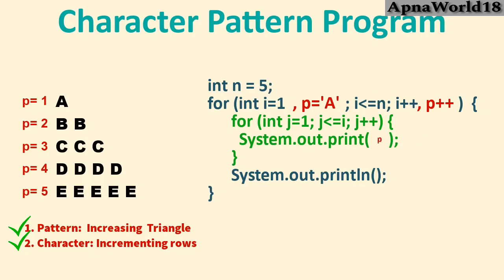Inside the inner loop, we will print this variable P, but we will typecast it into char first, otherwise it will print its ASCII value. If you want it to be evenly spaced, add a space to it. Now when you run it, it will give an output like this.